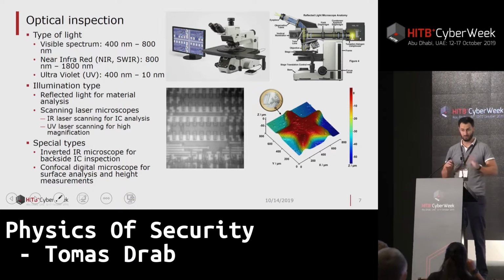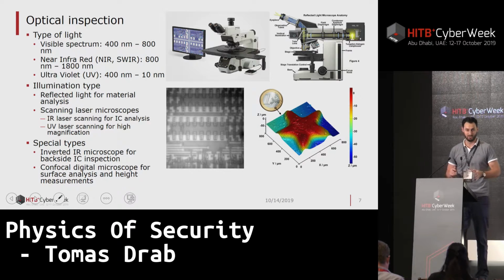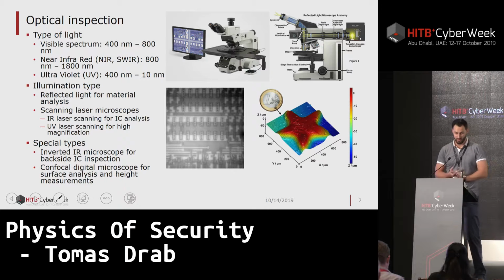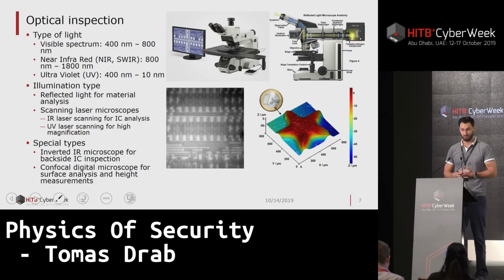Okay, now we have an open chip, and we want to look at the die. So, optical inspection: every lab has to have an optical microscope. We can do visible light inspection. I would say you are all familiar with it. And we can go infrared.